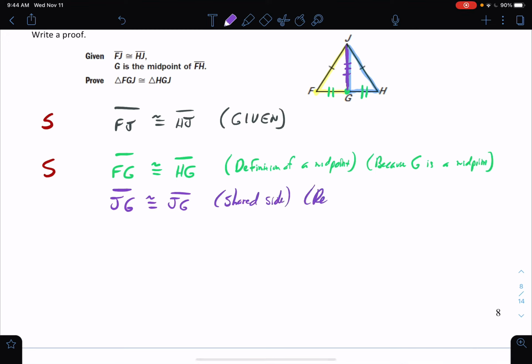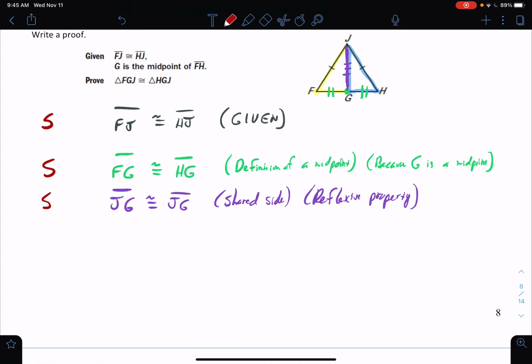Or you could say the formal reasoning is the reflexive property. Okay, so JG is congruent to itself. They share a side. Therefore, that side is automatically congruent to itself. All right, so that's my third side. I'll stay consistent and use the same color.